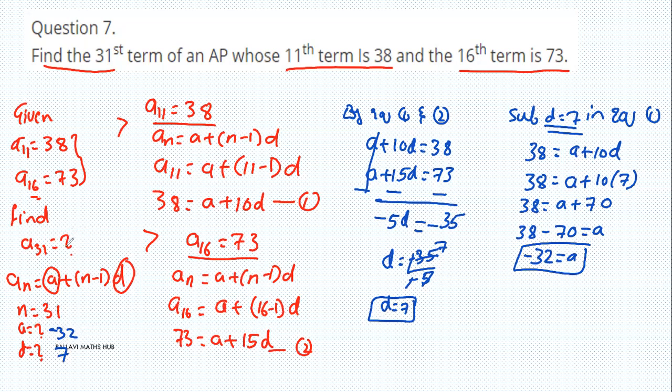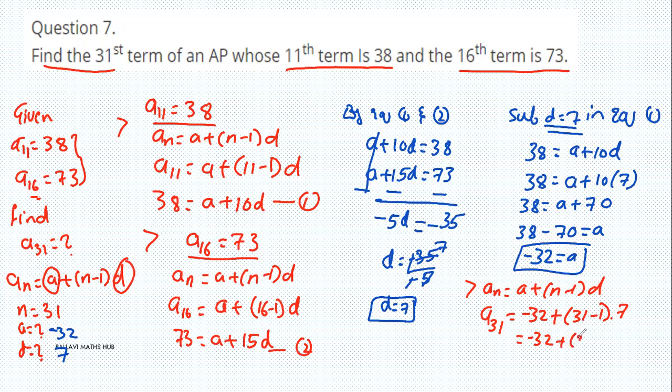Now find out A31. So A31 you need to find out. An is equal to A plus n minus 1 into D. A31 is equal to A value minus 32 plus n value 31 minus 1 into D value 7. Minus 32 plus 31 minus 1 is 30, 30 into 7.